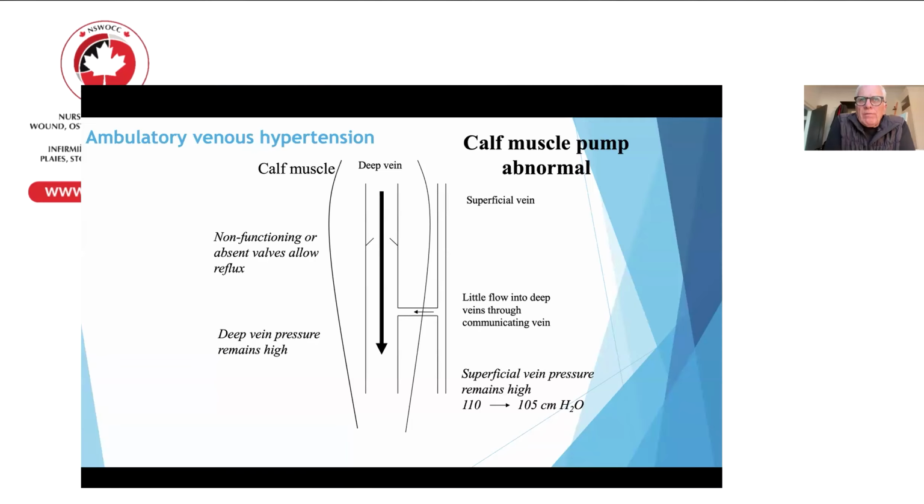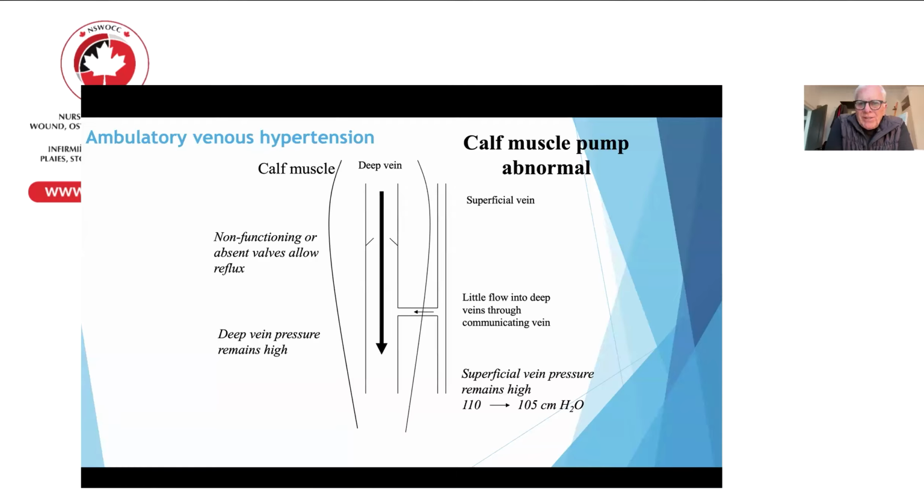The problem that you have, particularly when the veins are not functioning, and particularly if the valves are not working, is that after the muscle is contracted, it still squeezes the blood out of the leg. But when it relaxes, because the valves don't meet, the blood refluxes back down and the pressure doesn't drop. And when the pressure doesn't drop, less blood can flow from the surface to the deep because you don't have that pressure gradient.